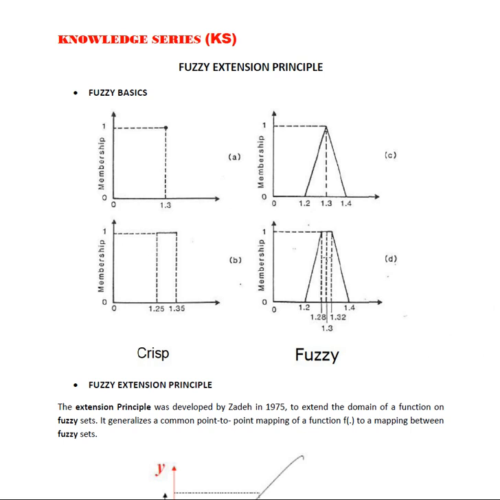So this is what we see in the case of the fuzzy. Now these are nothing but fuzzy numbers. Fuzzy numbers are basically fuzzy arithmetic, and a fuzzy number is actually a subset of the universe of nominal numbers, or the universe of discourse. So a fuzzy integer is a fuzzy subset of the domain of integers.